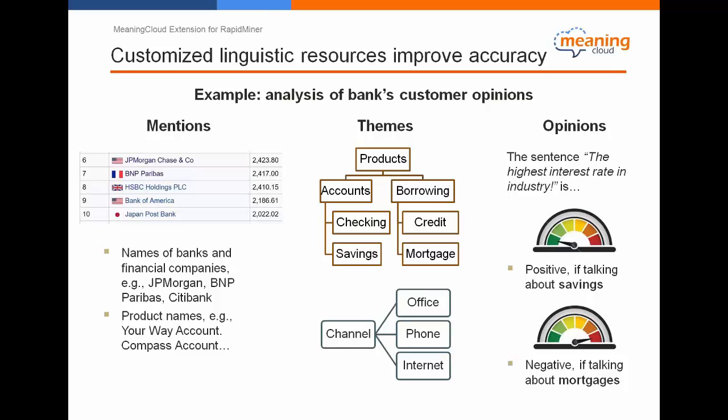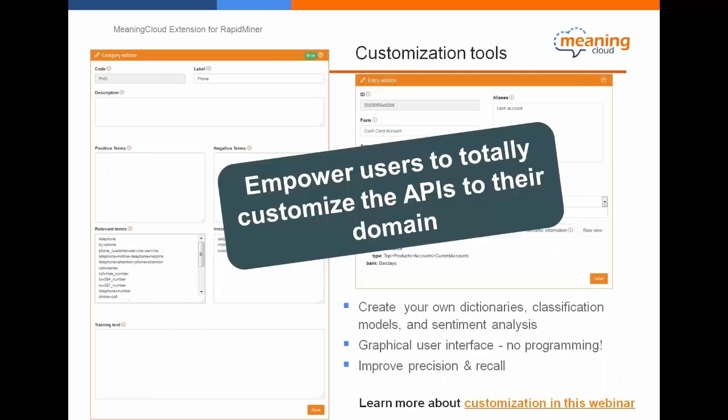For example, if a customer says this is the highest interest rate in the industry, it may be positive if he's talking about his deposit, but negative if he's talking about his mortgage. So it is very important to be able to adapt your text analytics engine to your specific application and domain, and this is one of the strong points of MeaningCloud.